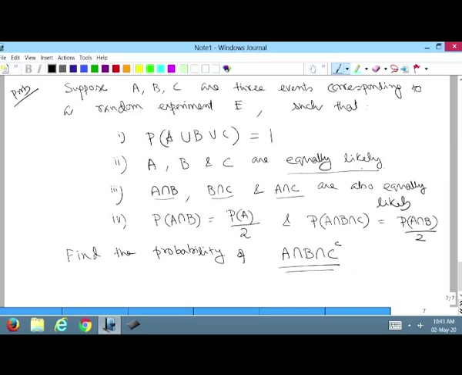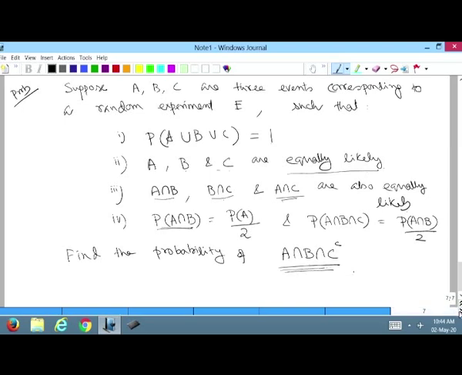It means that all the 3 events have the same probability. Similarly, A, B, C are equally likely, A intersection B, B intersection C and A intersection C are also equally likely, and moreover, probability of A intersection B is half of probability of A. We need to find out the probability of A intersection B intersection C complement.